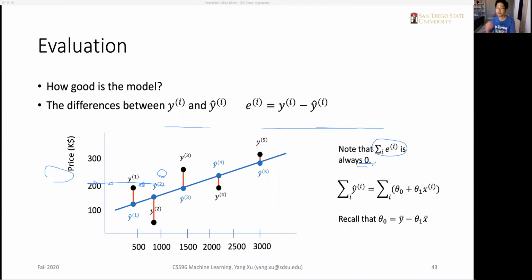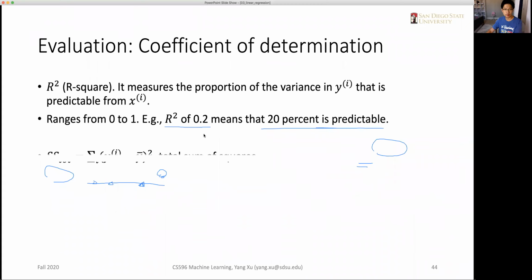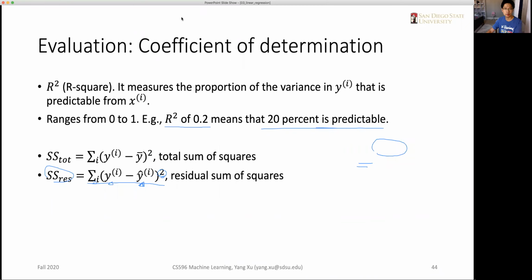That is something we know from when we defined the cost function of linear regression. If the error sums up to 0, there's no way to use it as an overall performance measure. The same applies here, so we use the sum of the squares of errors as the residual sum of squares.